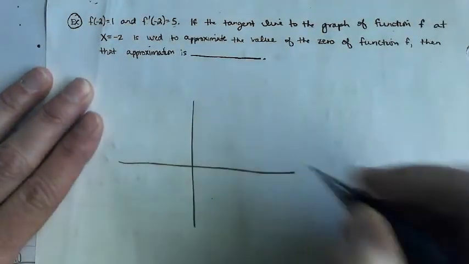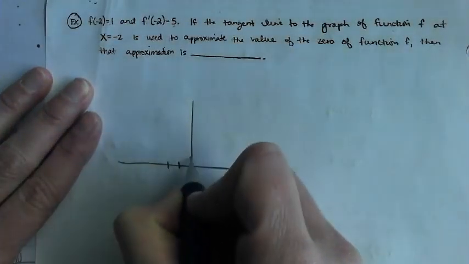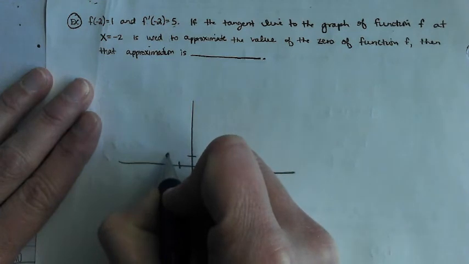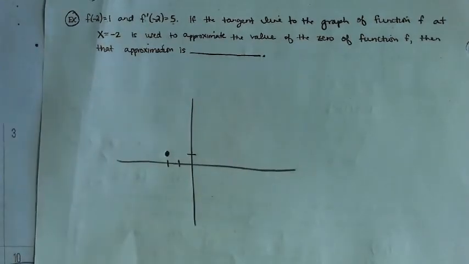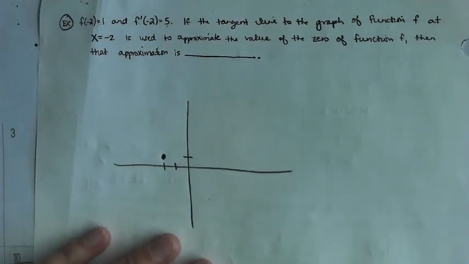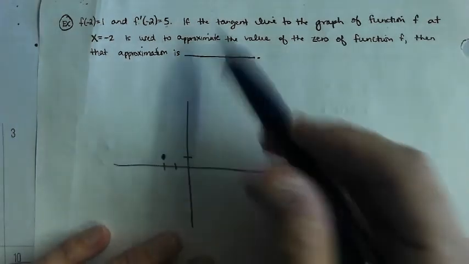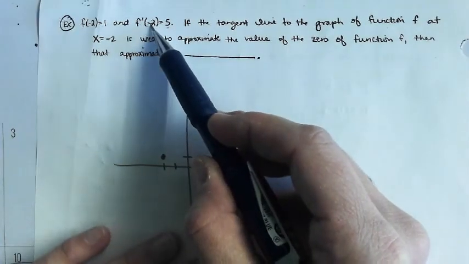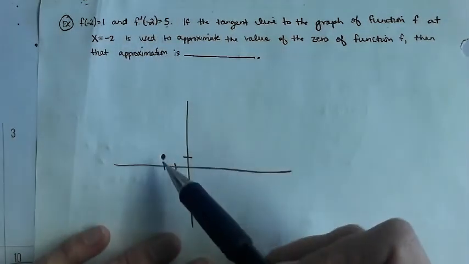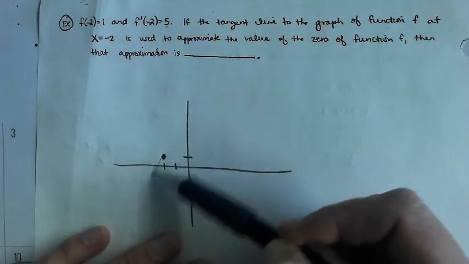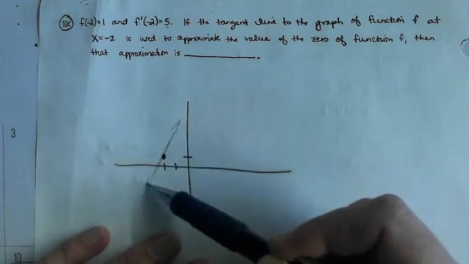You have some function. There is definitely a point at negative 2, 1. So my function has to go through that point. More specifically, at that point, at negative 2, we have a slope of 5. So that's a pretty steep slope, right?